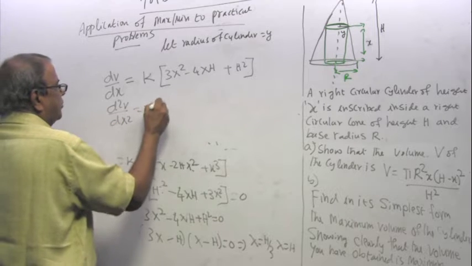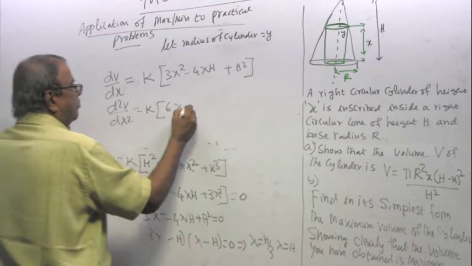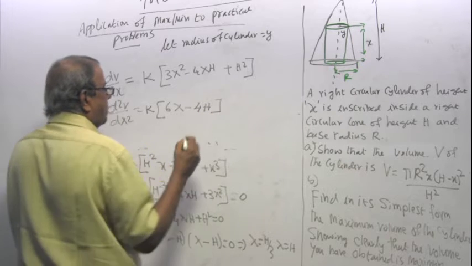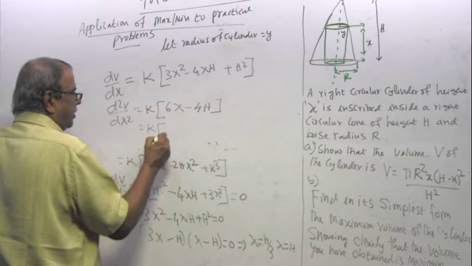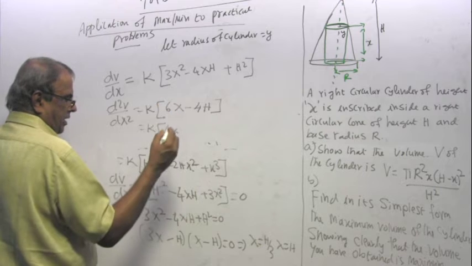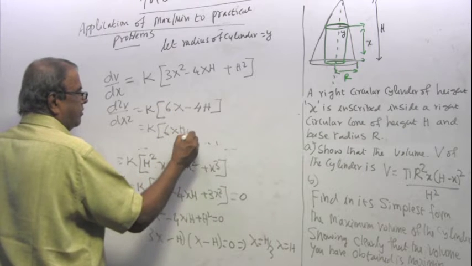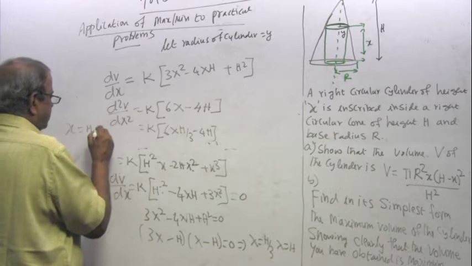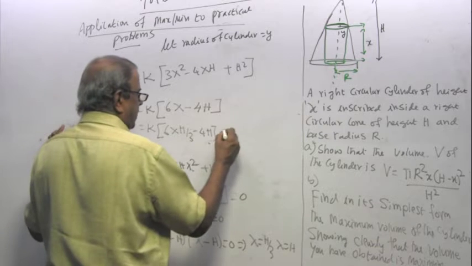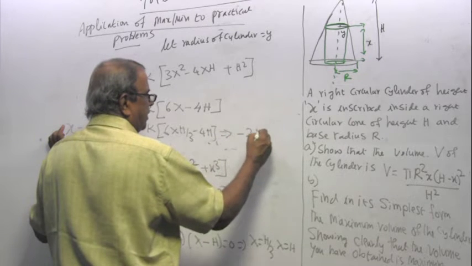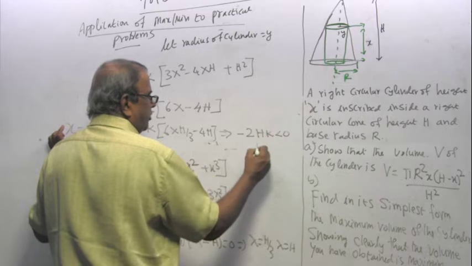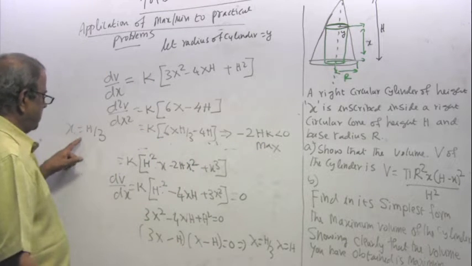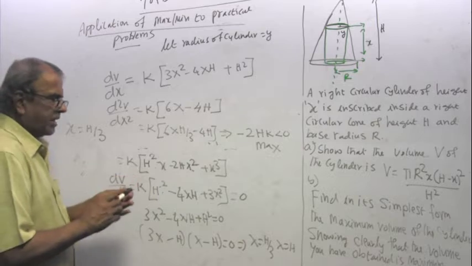It will be k times 6x minus 4h. That's it. So k times 6 times h over 3 minus 4h at x equal to h over 3. So that will be negative 2hk, less than 0, so maximum. So the volume becomes maximum when x is h over 3.